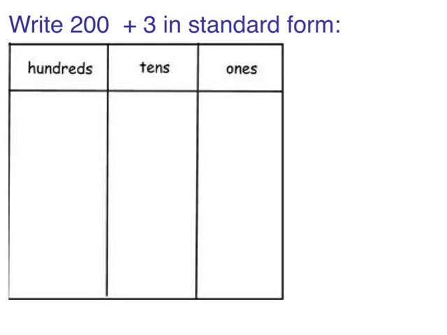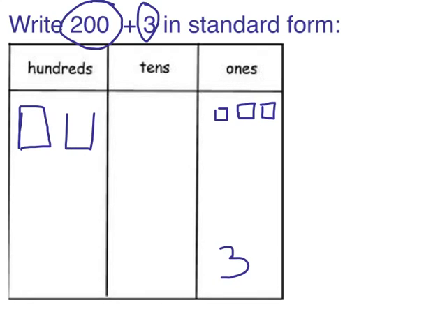Let's do one more example. Write 200 plus 3 in standard form. Well, I can see that I have 3 ones to get a value of 3. I can see that I have 2 hundreds to get a value of 200.